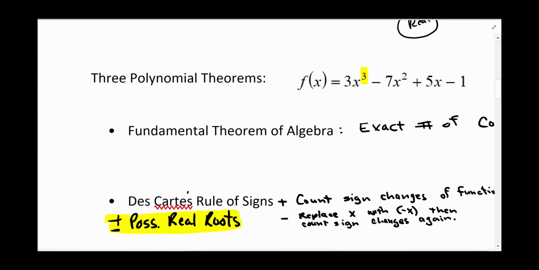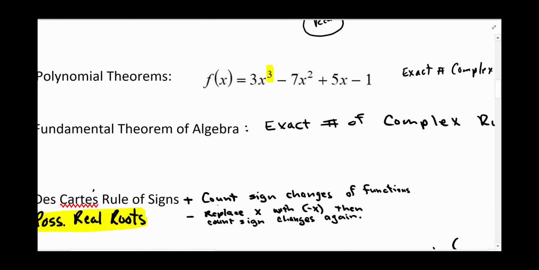It doesn't mean that the number that they find will be that, but it tells us the possibility. So this is what you do. You count the sign changes of the original function, and then you count it again after you've switched, when you replace the x's with a negative x, then count the sign changes again.